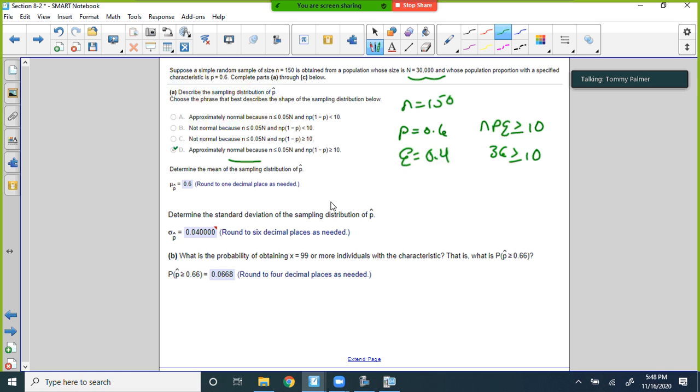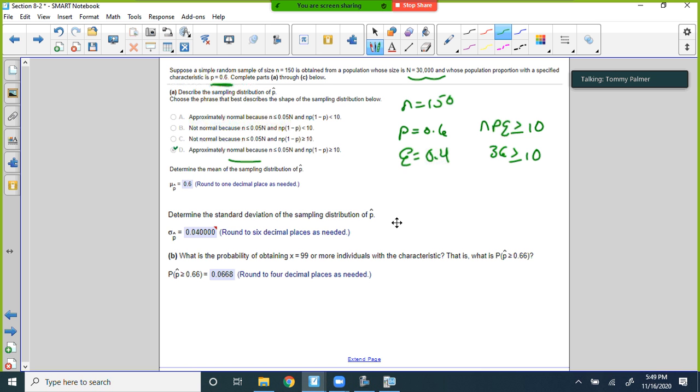So we can say it's approximately normal because the sample size is less than 5% of the true population, and the NPQ is greater than 10. The mean is 0.6. That's P, right? They didn't give us an X value where we had to find p hat. They gave us the mean of the population, which is the same as the mean of the proportion, right? Y'all with me?